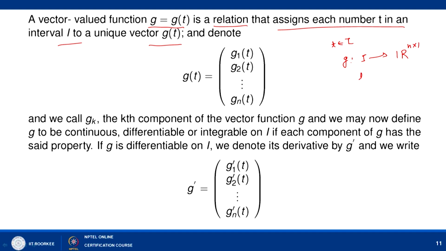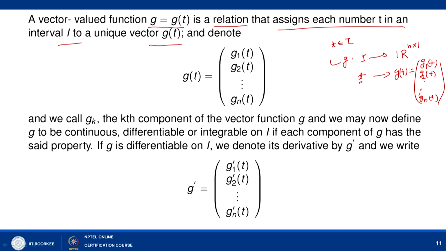For a given t you can map to g(t), which is denoted as g1(t), g2(t) and so on up to gn(t). So basically the vector valued function g is a map defined from I to R n cross 1.